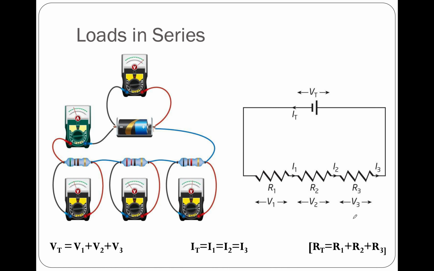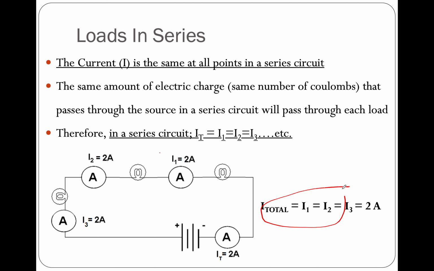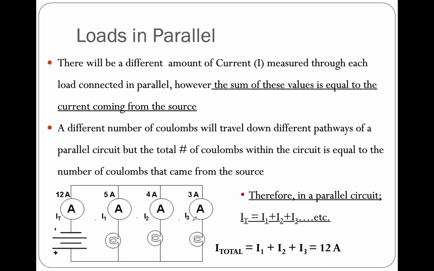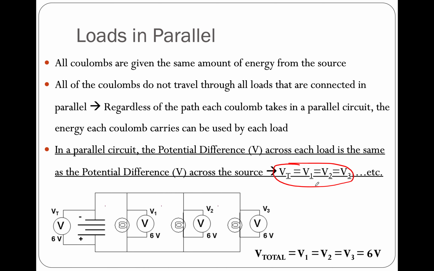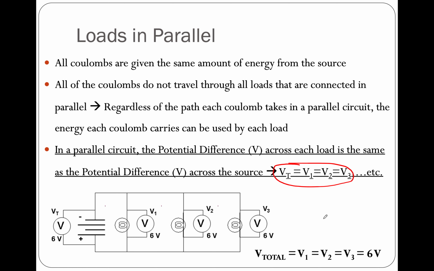Going back to series, the current is the same everywhere in a series circuit, and the voltage you have to add up. Now, in a parallel circuit, the voltage is the same everywhere, and the current we have to add up. We just flipped it. With me?